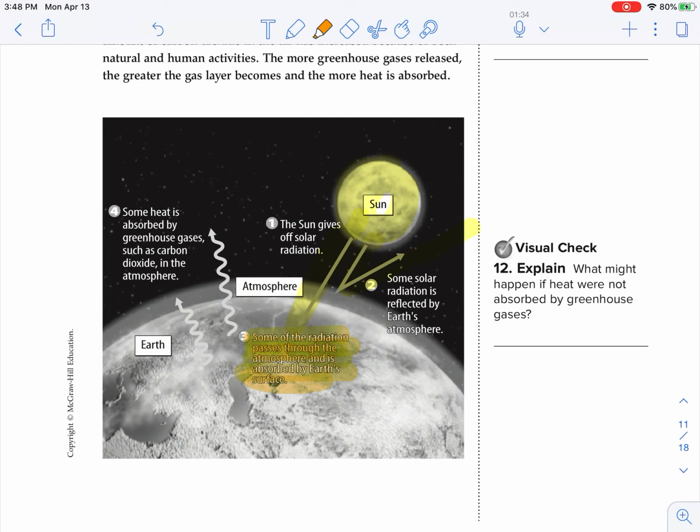Some heat is absorbed by the greenhouse gases, such as carbon dioxide in the atmosphere. So the sun comes in, is absorbed on Earth's surface, bounces back up, and some of the heat is trapped in carbon dioxide and some of these greenhouse gases, and is leading to the overall warming of our planet.